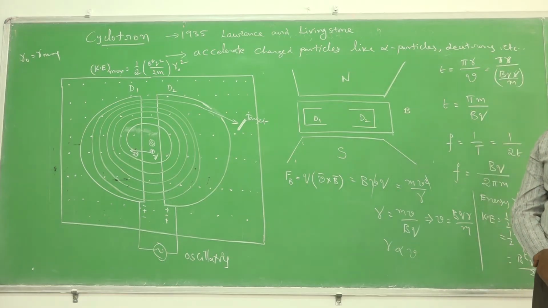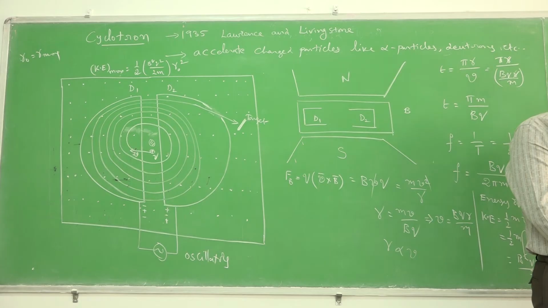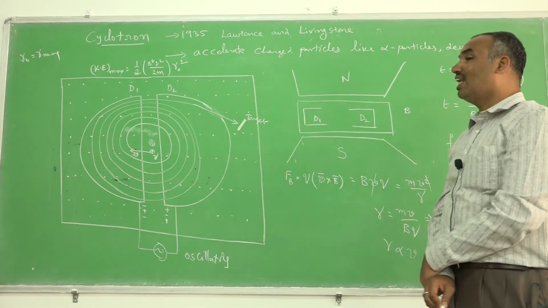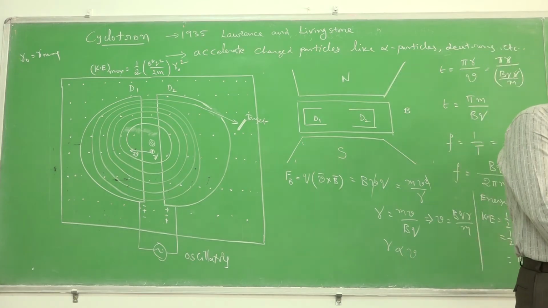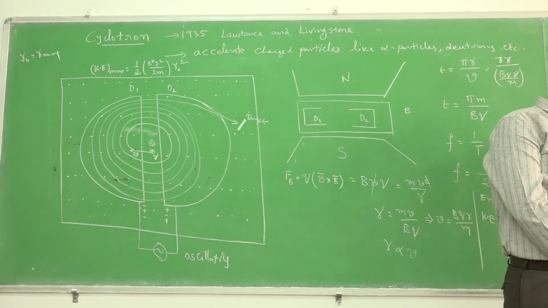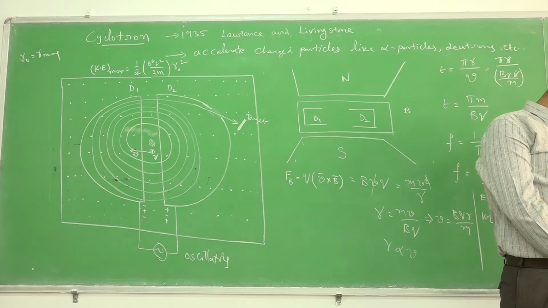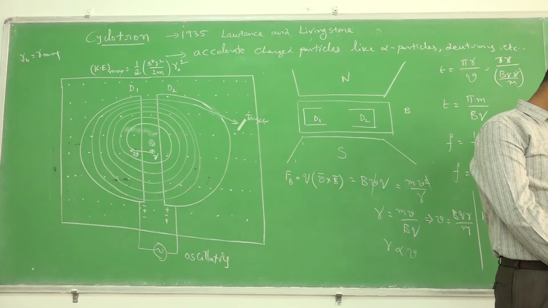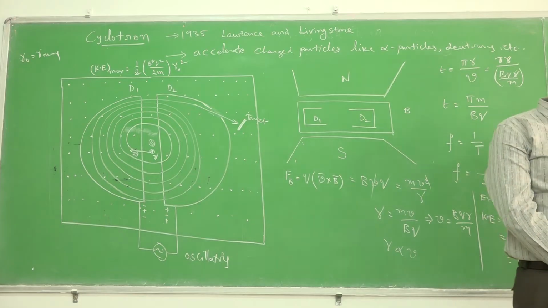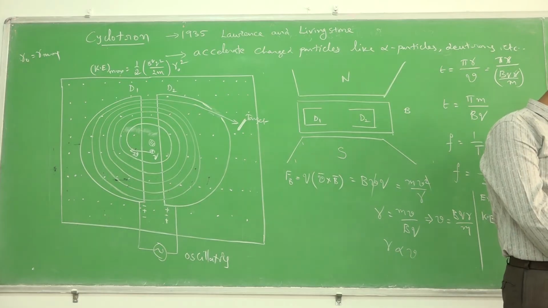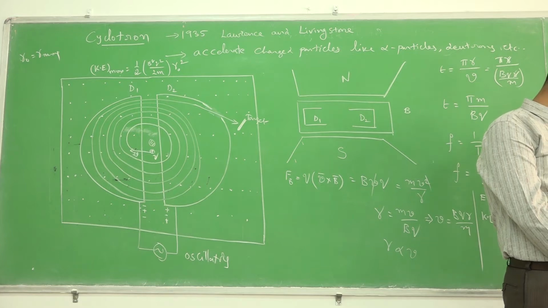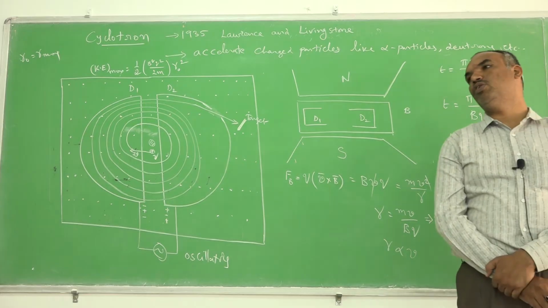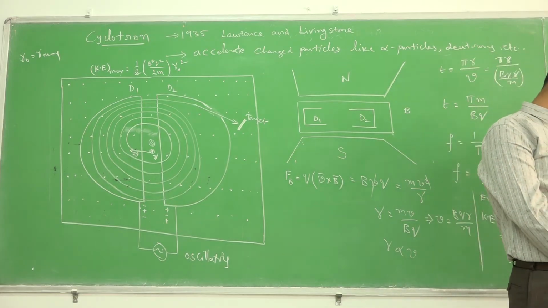The first use of the cyclotron is to generate energized particles like alpha particles and deuterons. It is used to implant ions into solids and modify the properties, which is used in the synthesis of new materials. This is one more use.